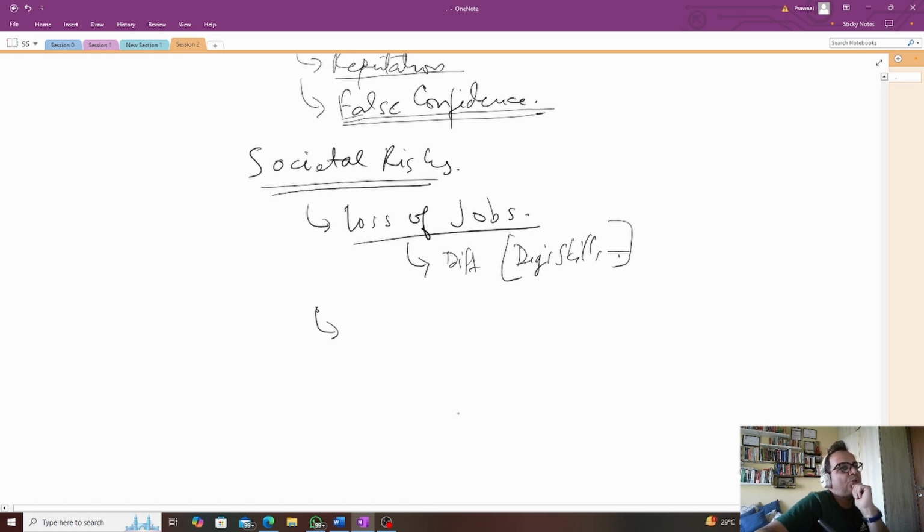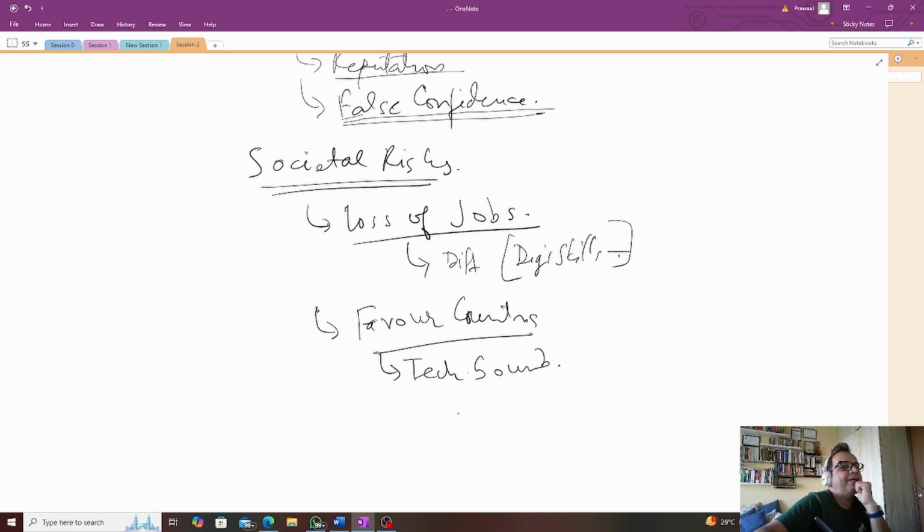There is also a societal risk at large. It is going to favor countries which are either technically more sound, or they have a larger population. Okay, because most of these models will need a lot of data.